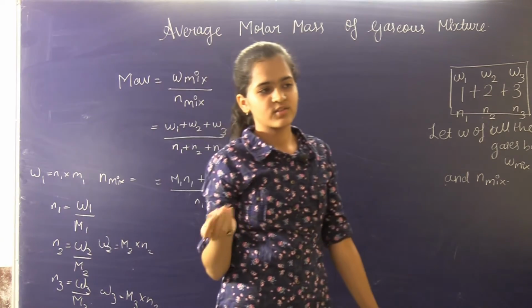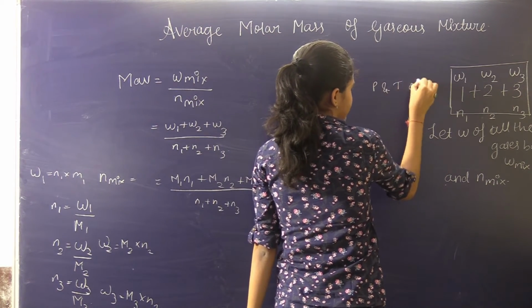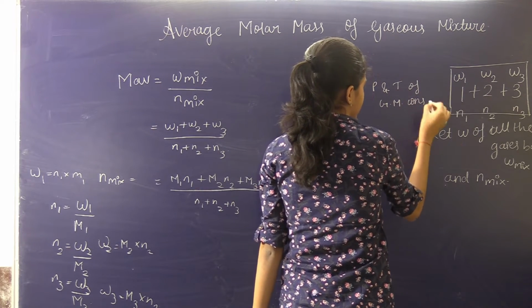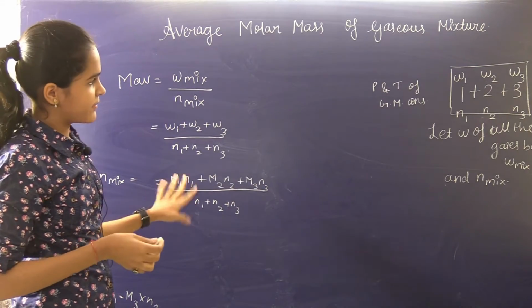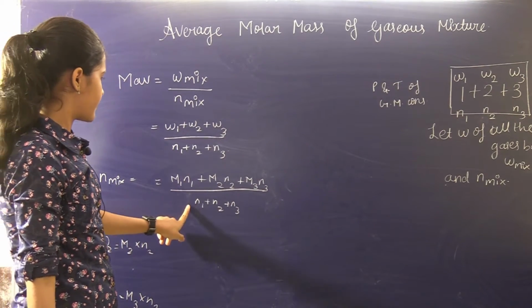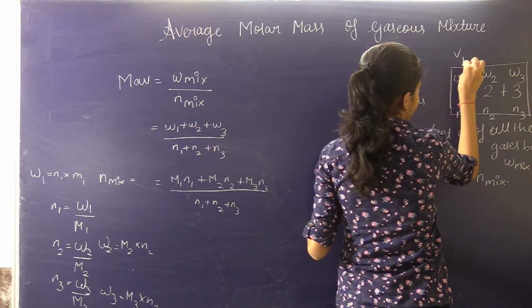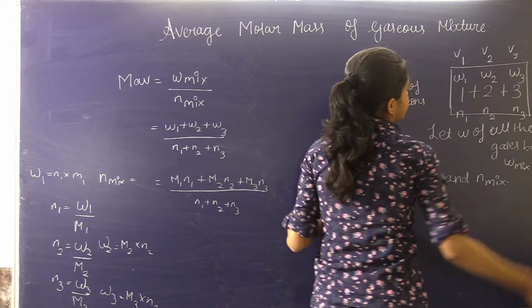After this, we will assume that pressure and temperature of the gaseous mixture will remain constant. When pressure and temperature of the gas remain constant, we can replace this number of moles by volume. Let us assume volume of gas 1 is equal to V1, gas 2 is equal to V2 and gas 3 is equal to V3.